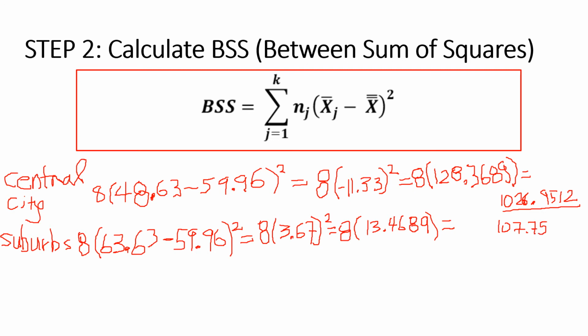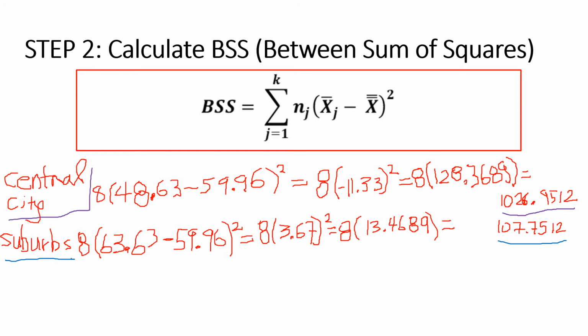I'm going to underline these in dark blue, just to help us remember that's from the suburbs. And so up here we know this. Use purple, I guess, for central city.